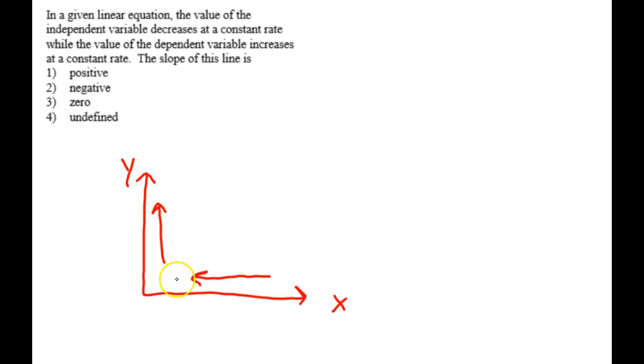So as x goes to the left, our y values go up. So we would have some sort of line that looks like this on our graph. The slope of that line is going to be negative, because when looking at slope, we always want to go from left to right. Our y values go down as our x values go up, so this would represent negative slope.